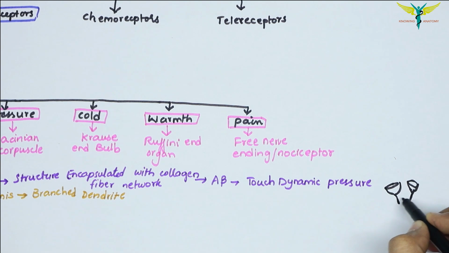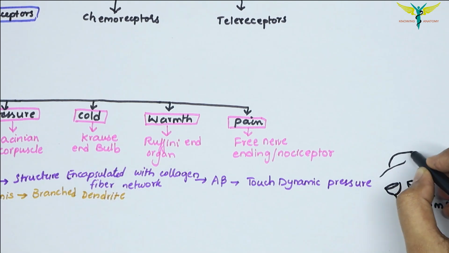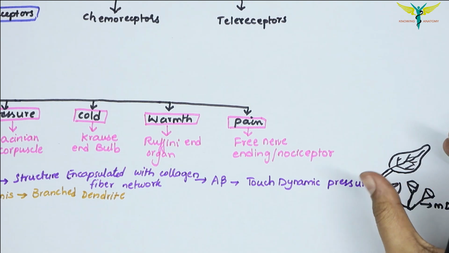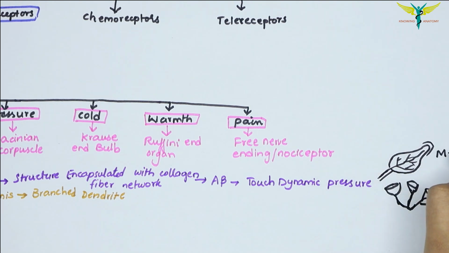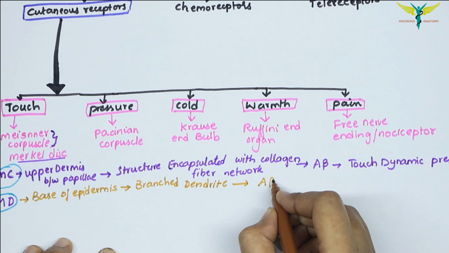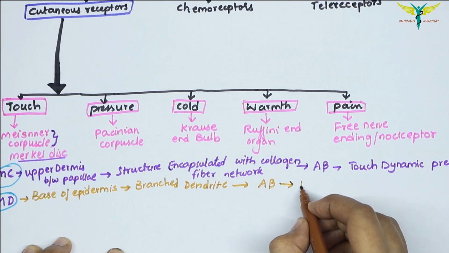This is the expanded branch of each dendrite and they are uncapsulated. This is the Merkel disc. And the structure of the Meissner's corpuscle looks like this. It is encapsulated with the collagen network, and this is the Meissner's corpuscle. The type of nerve fiber present in the Merkel disc is also the A beta type, and the sensation is touch static pressure.